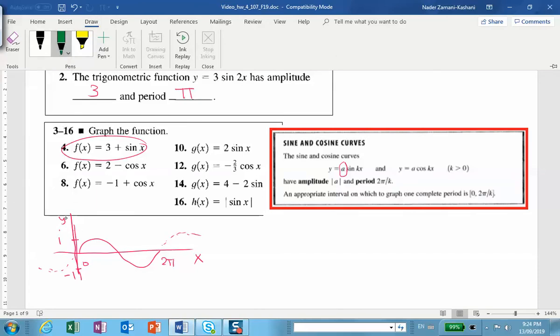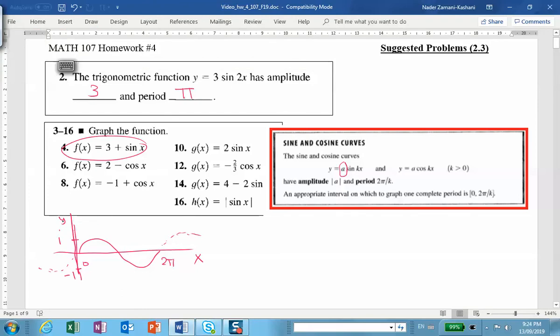So this will be effectively 4, and everything is up by 3 units. This is the amount of vertical shift. Okay, let's do number 6.